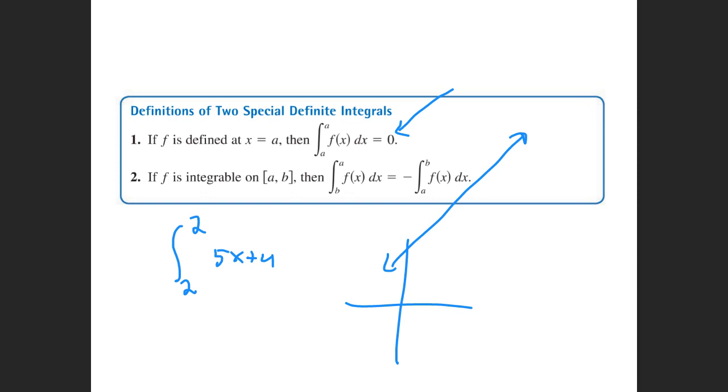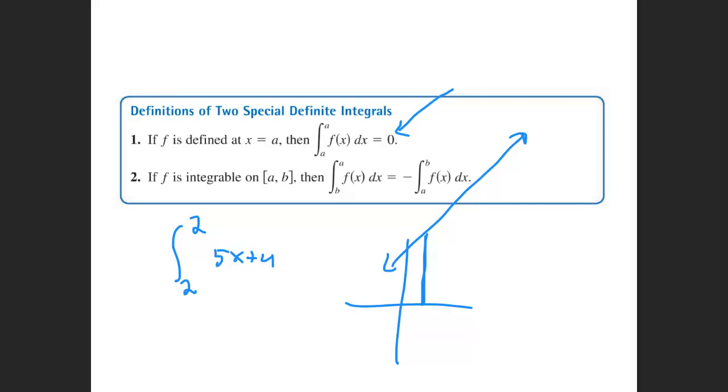But if I'm going from 2 to 2, area here. So anytime you have an integral that goes from the same number to the same number, it's 0. You can't find area if there's no width to the problem.